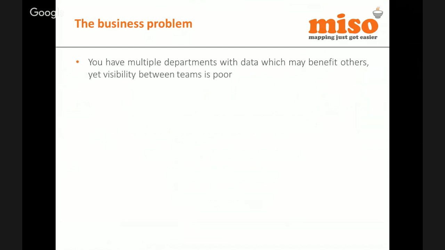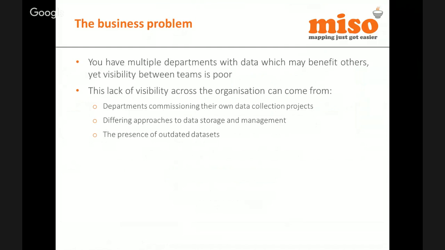So the business problem: you've got multiple departments all working on different systems, maybe old legacy systems, or they're inputting data differently. This lack of visibility between your different departments can mean that when you need a piece of information or some data, you might be redoing it, covering old ground, or just approaching it from different directions.